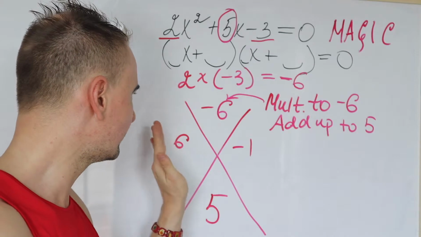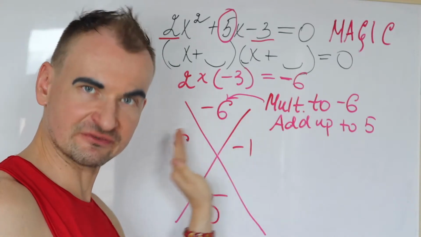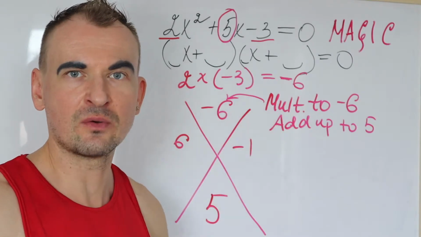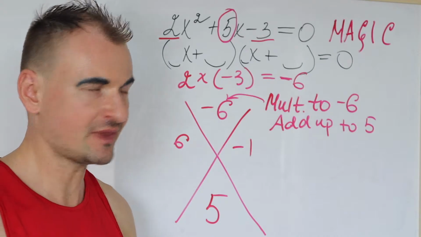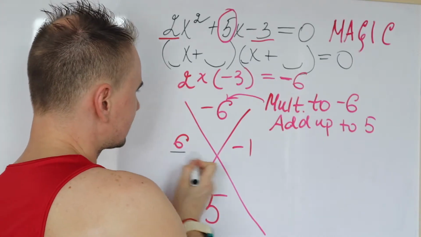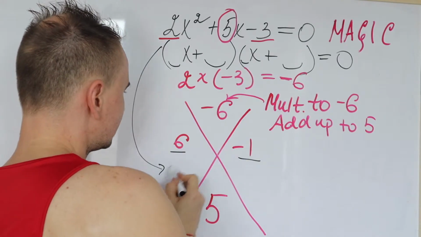Alright, so we write these two numbers on either side of your x. The next step is you want to divide these two numbers by this leading coefficient.